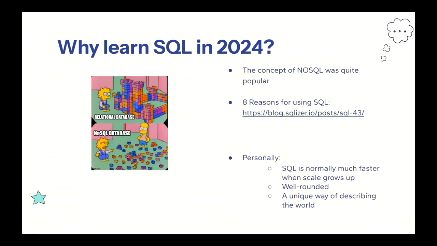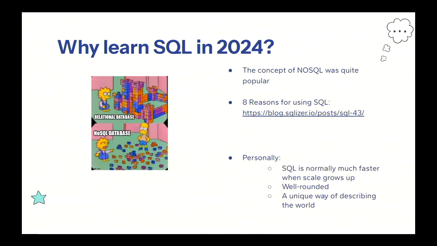And it's also well-rounded, because when you talk about speed, you may think, okay, Redis is much faster than this because it's in memory. It only stores key value pairs. Why do we need SQL if there's something faster? Because Redis cannot handle complex data structures.